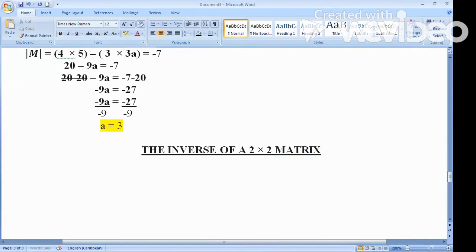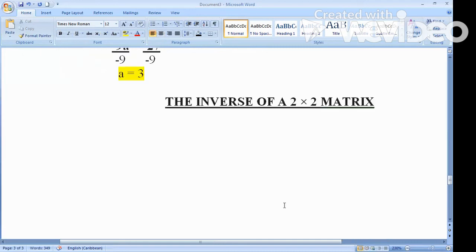All right, so to find the inverse of a 2 by 2 matrix, we have to use a formula. So let us define a matrix.